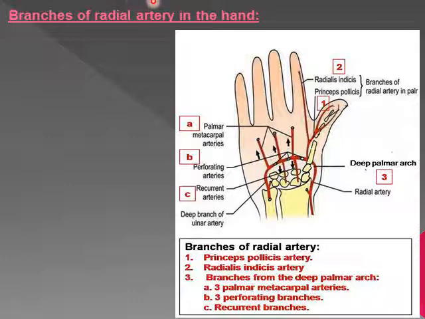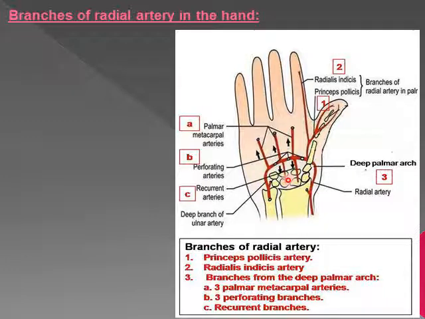The radial artery in the hand gives the following branches: princeps pollicis to the thumb, radialis indicis to the lateral side of the index, and the radial artery itself curves medially to continue as the deep palmar arch, sharing with the deep branch of the ulnar artery to form the deep palmar arch, which gives the following branches in the palm: palmar metacarpal arteries, perforating branches, and recurrent arteries.